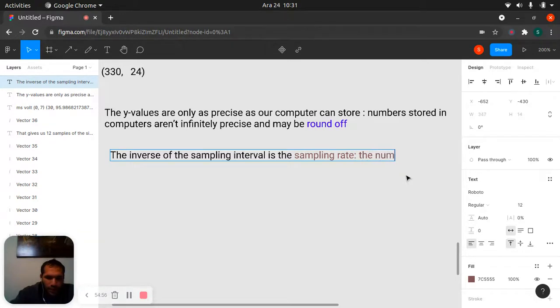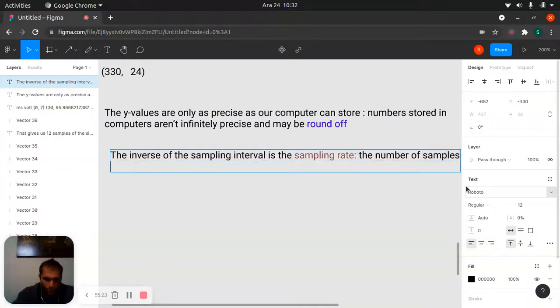Sampling rate: the number of samples in a second, or other unit of time.